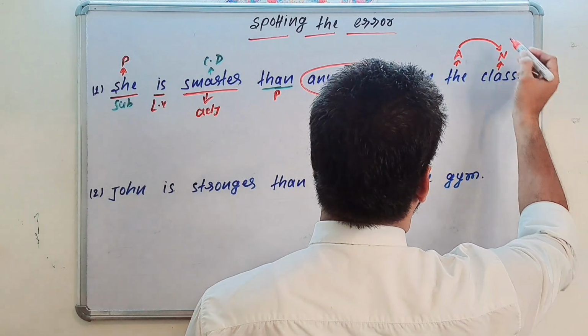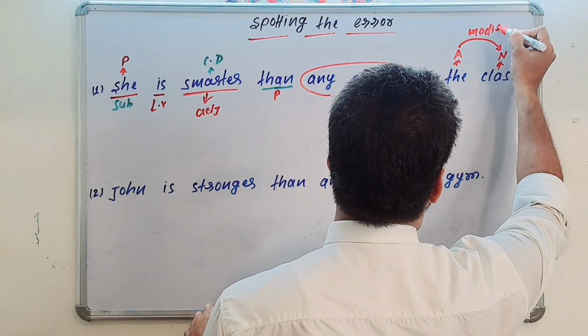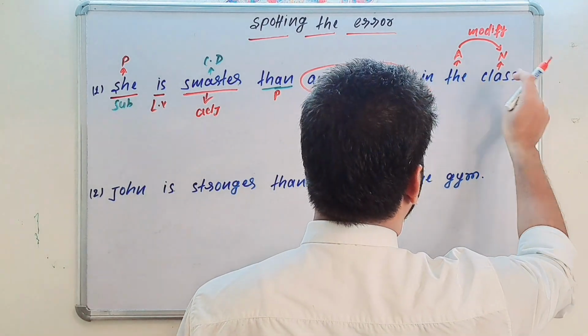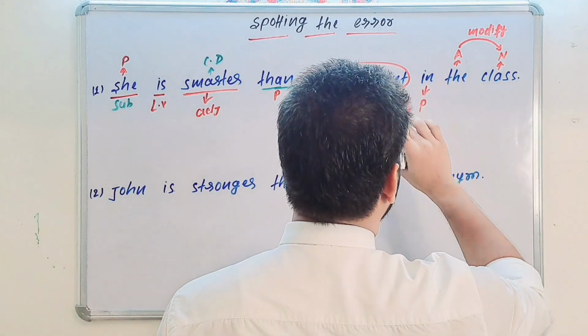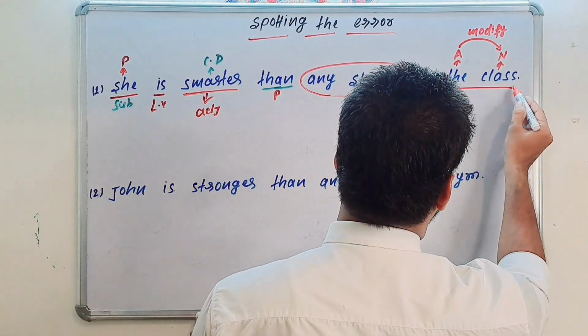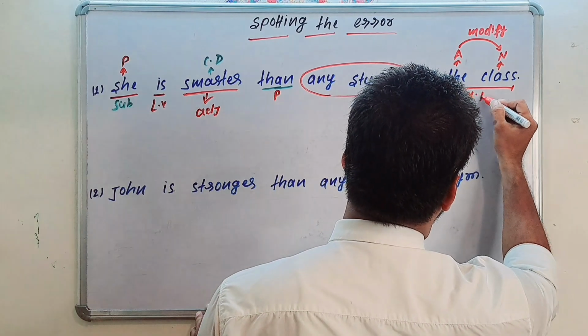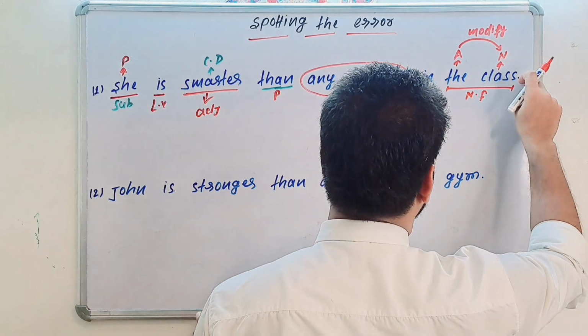The modifies class. The article modifies the noun, and the modified class follows the preposition. Also, most important here, this is your noun phrase: the class.